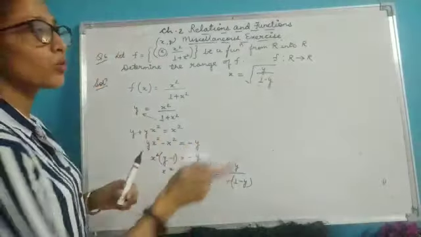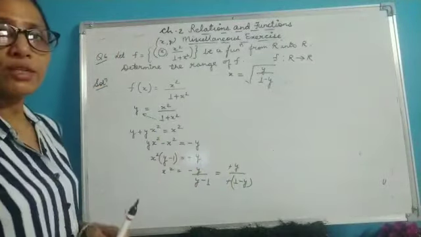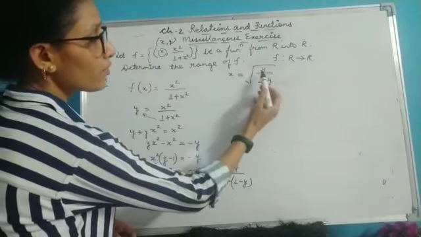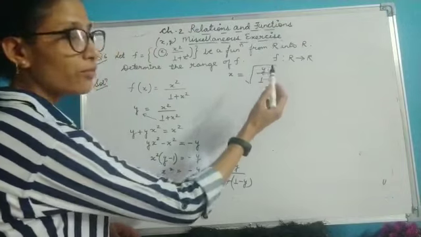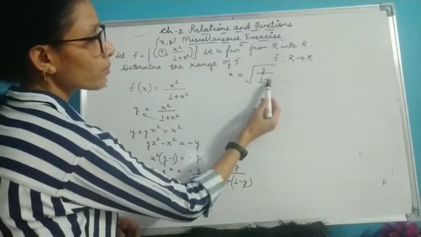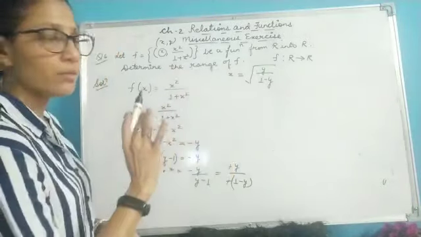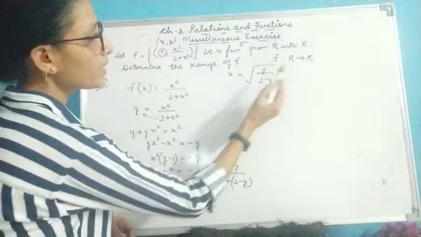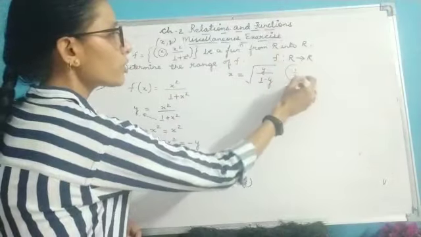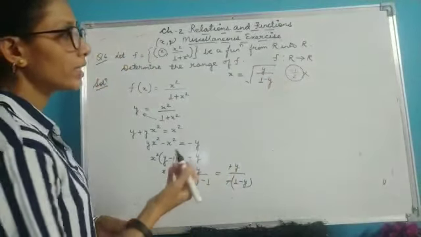Now we'll find out all the possible values of y for which it is defined. Now see children, if I put a negative value for y, say minus 1, then this denominator will become positive, but then it will be minus 1 upon 2, which is not to be considered because in root sign we cannot take negative value.